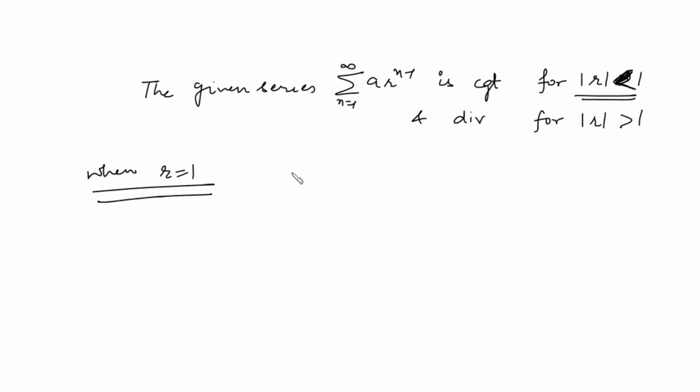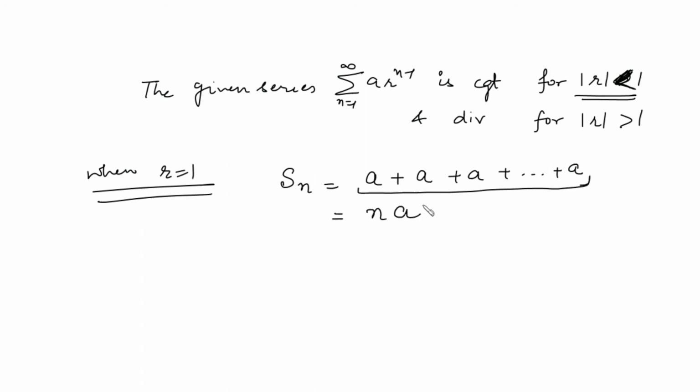Now when r is 1, what will be your sum of first n terms? Put r to be 1: a plus ar, r is 1, plus ar square, r is 1, and so on up to a. So you will add a n times. So what is the sum of first n terms in this case? It is n into a. And when you find the limit as n approaches infinity of Sn, what will you have?